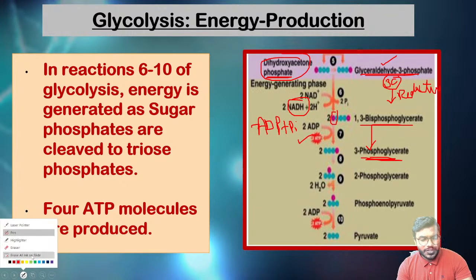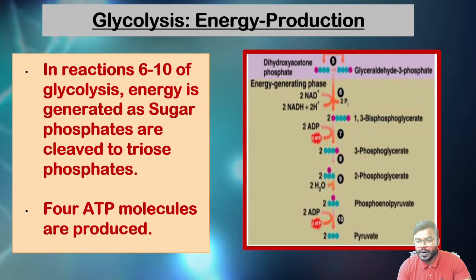Right. Now friends, please don't get confused at the 8th step. 3-phosphoglycerate is converted into 2-phosphoglycerate. What do you mean by that? Is there any loss or gain of the phosphate group? No way. Here there is no loss of phosphate group, no gain of phosphate group. What happened?